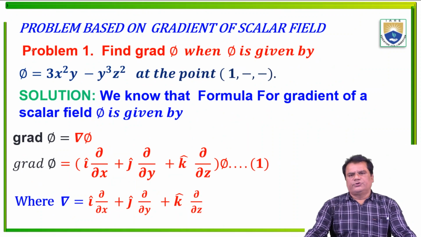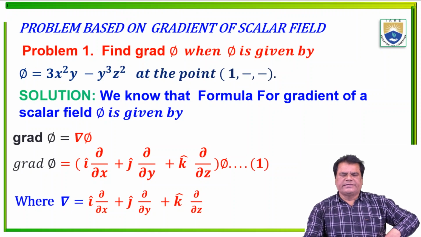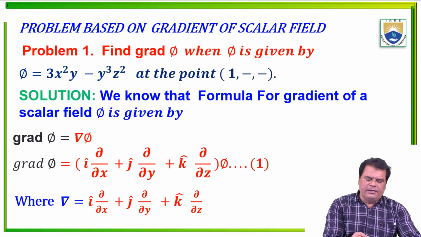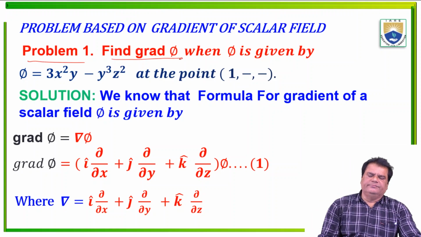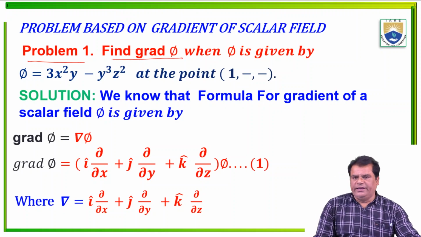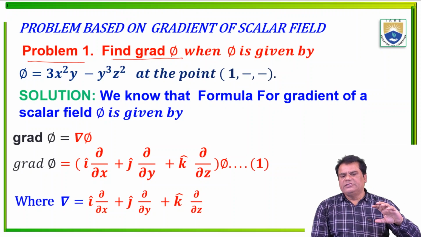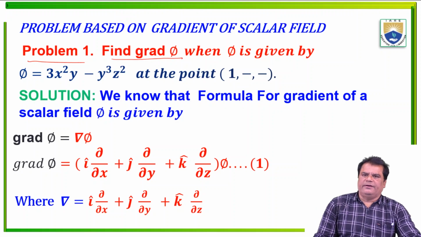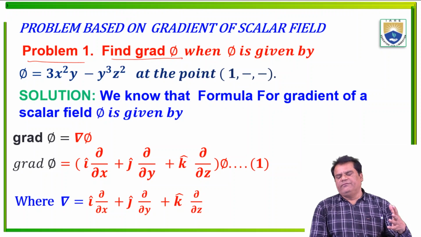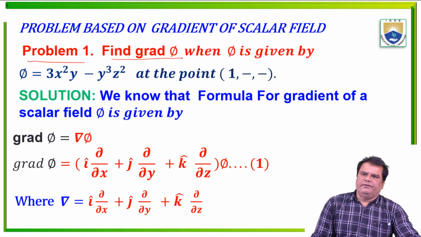Now we want to solve some problems based on the gradient of a scalar field. Problem 1: find grad phi. Grad phi means nabla phi, where phi is given in the question, and we operate on the scalar field function phi with the three-dimensional vector differentiation operator.